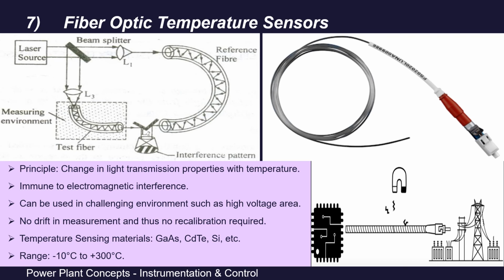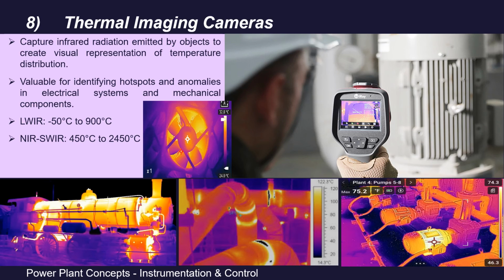Clear? Next type is thermal imaging cameras. Thermal imaging cameras basically capture the infrared radiation emitted by an object to create a visual representation of temperature distribution. Again, we have two types of thermal imaging cameras. One is LWIR, which is for low temperature measurement between minus 500 degrees centigrade to 900 degrees centigrade.